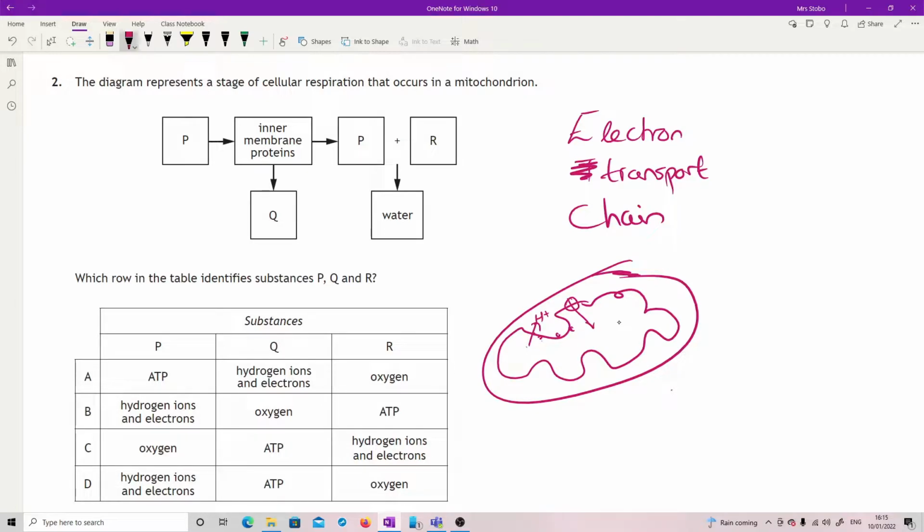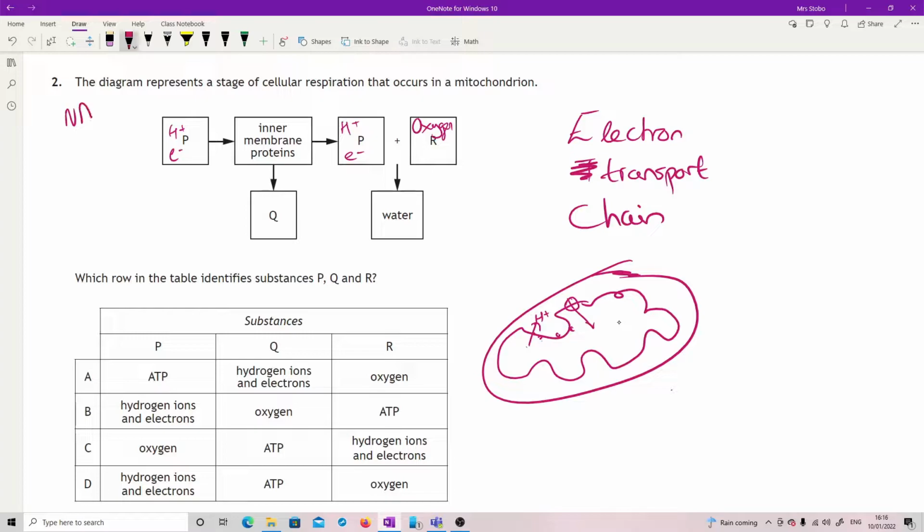Okay, so let's work back the way, I think that is easier. So the final one, to make water, we need something that can accept the high energy electrons and the hydrogen ions at the end. So this here is oxygen. So what we need here is our hydrogen ions and our electrons, because it's the same letter.